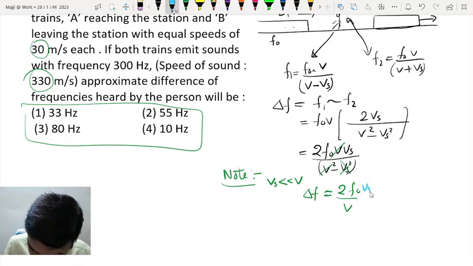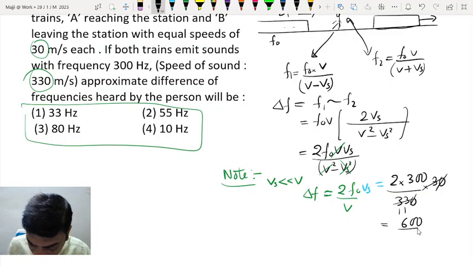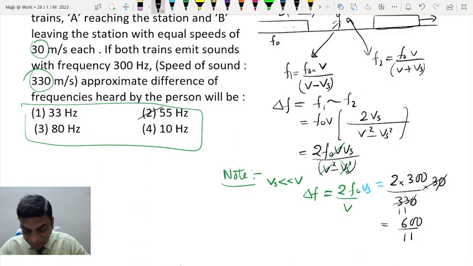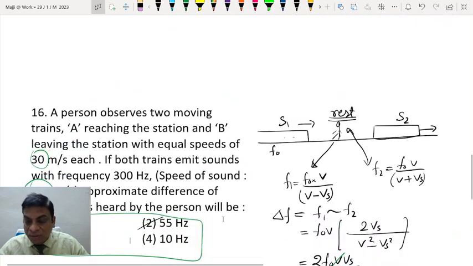So we have twice into 300 upon 330 into 30. Approximate answer. So 1 0 gets cancelled, 3 ones are, 3 elevens are. So we have 600 by 11, which is approximately close to 55 Hertz. So 55 Hertz is the correct answer. Okay, so this way you have to solve. We'll stop here, students. Thank you so much.